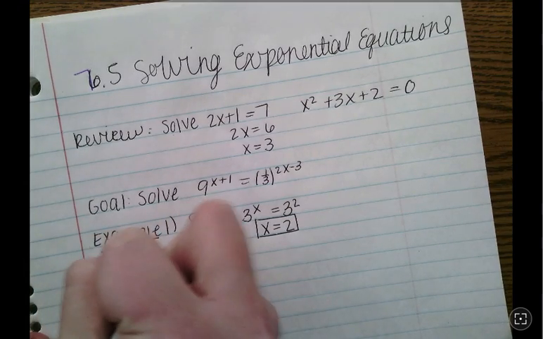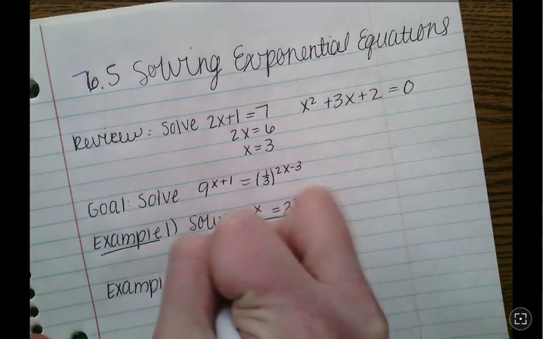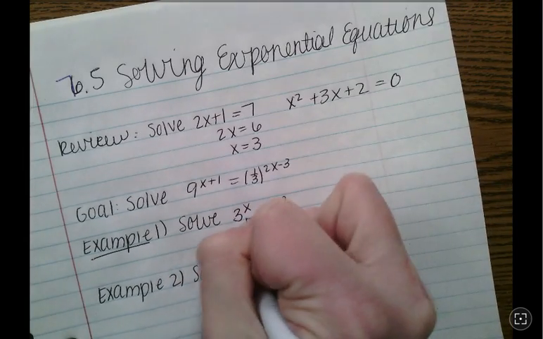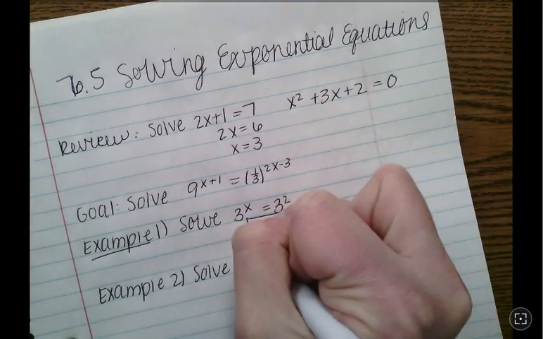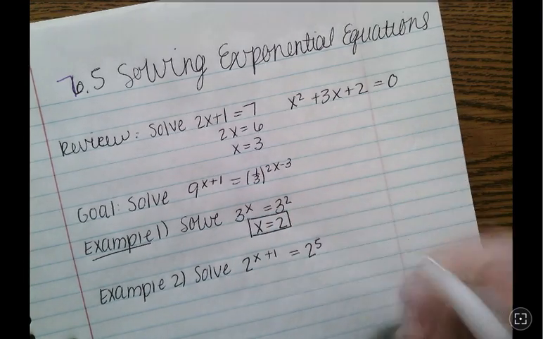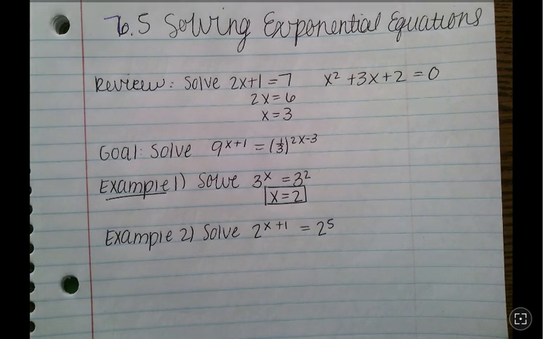Okay, so let's go a little bit further then. Let's do example 2 here. In example 2, we're going to solve 2 to the power x + 1 equals 2 to the power of 5. So again, we have a similar situation where we have 2 to some power equals 2 to the power of 5.